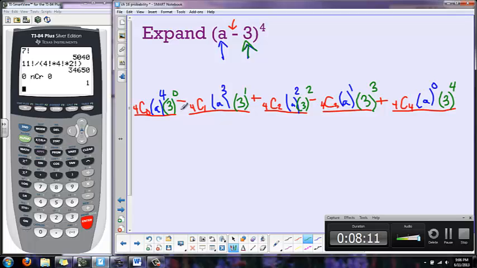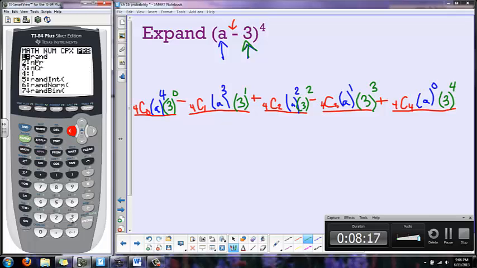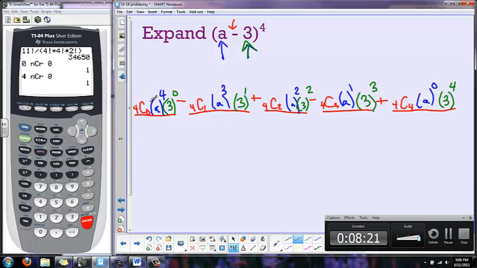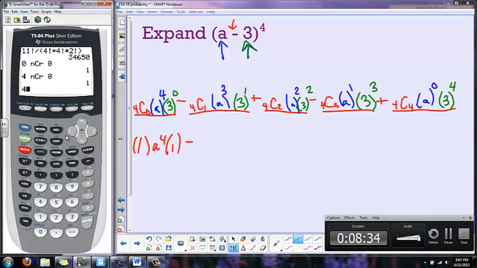Now all we have to do is simplify it, which is kind of like the easy part. 4, choose 0 is equal to a 1. So this first term right here is a 1 times a to the 4th, and then anything raised to a 0 power is just another 1, minus 4, choose 1.